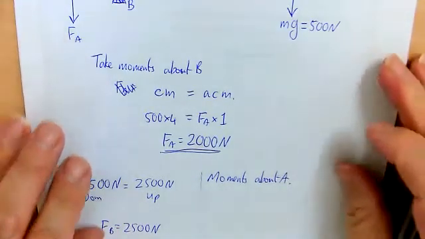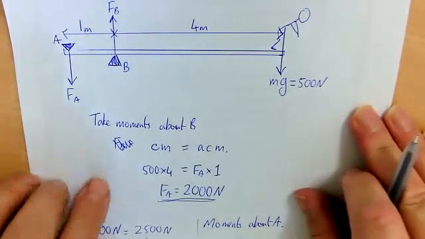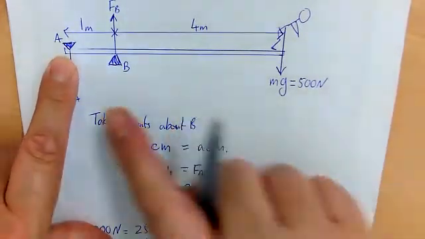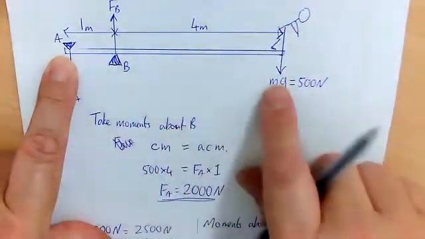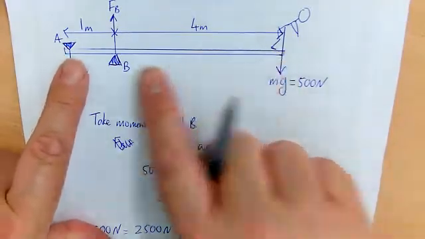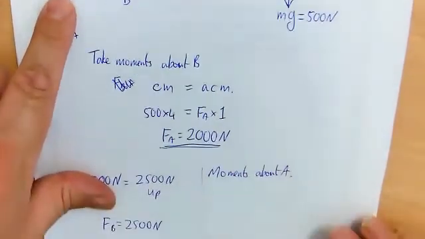The other way to do it is to work from scratch and actually take the moments about A. All I'm really doing is showing you that the physics here does work. It does actually agree. So if I take the moments about A, my clockwise moment is produced by the diver. He's got a force of 500 newtons, but now we're looking at the distance from A. So that's 4 meters plus 1, so that's 5 meters.